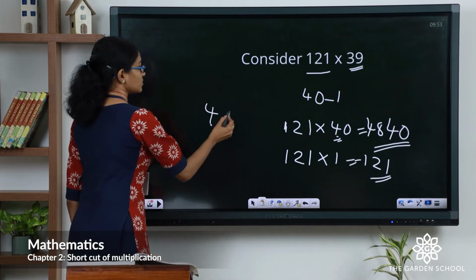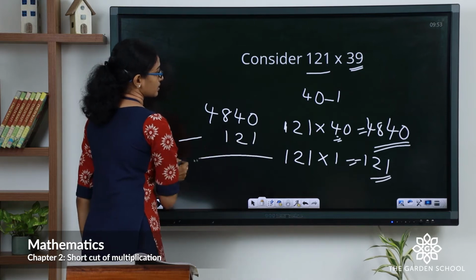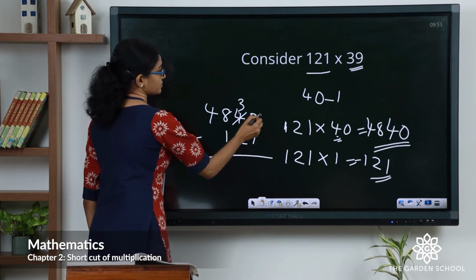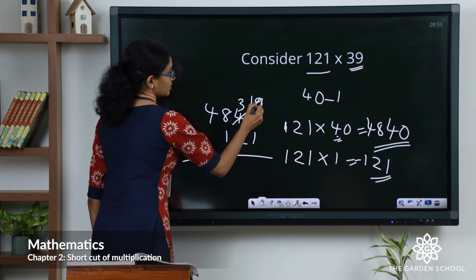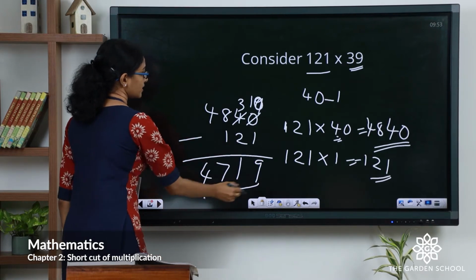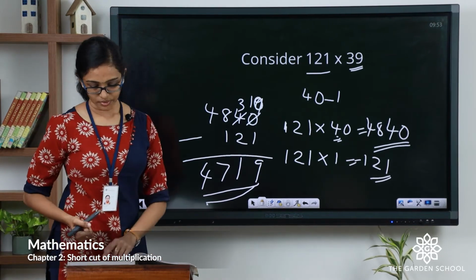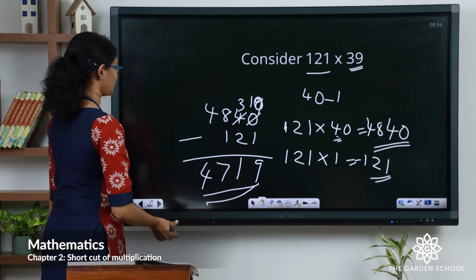So, 4840 minus 121. So, that is 4719. So, I hope this is clear to you.